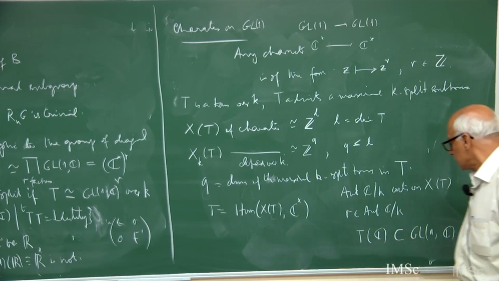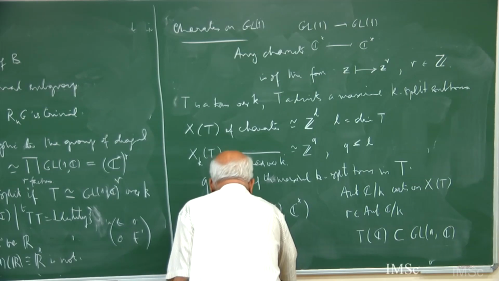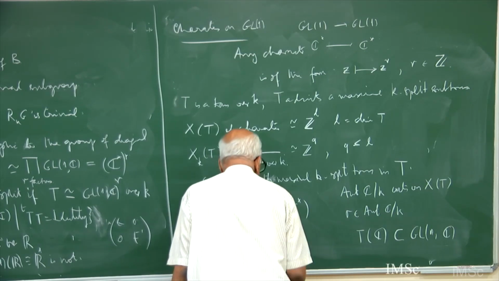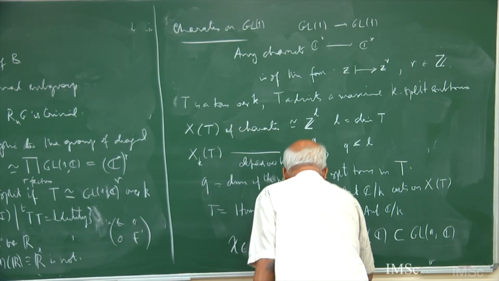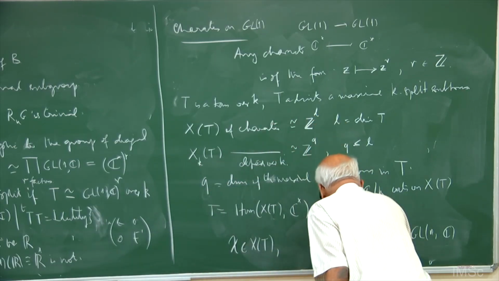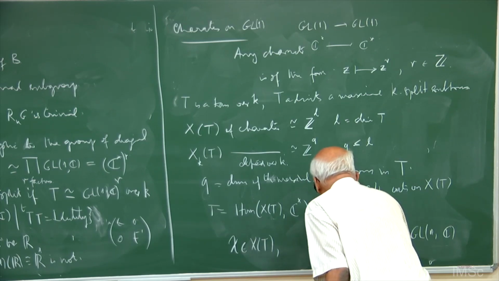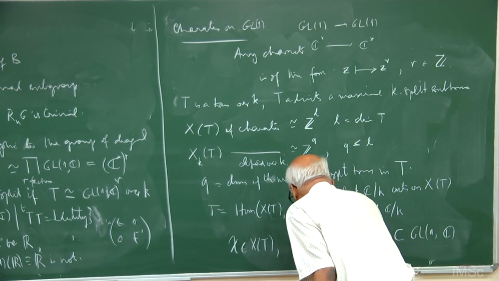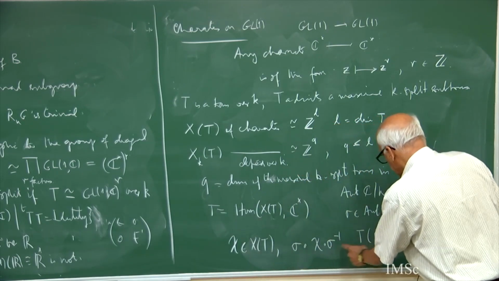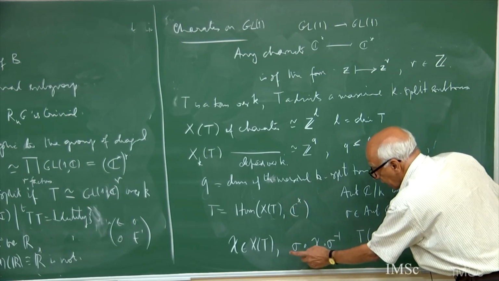So now you look at the following: take an element chi in X(T), and chi is a homomorphism from T into complex numbers. On T you can operate by the element sigma inverse, composed with chi, composed with sigma. Sigma inverse operates on T(C), chi takes T(C) into C*, and sigma operates on C*.